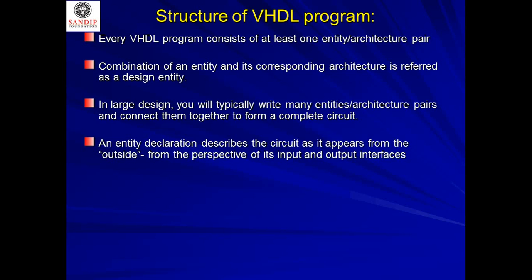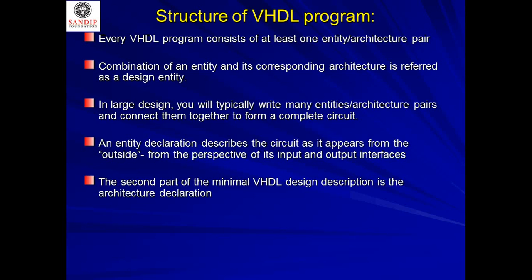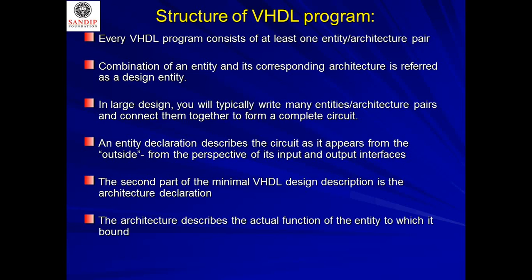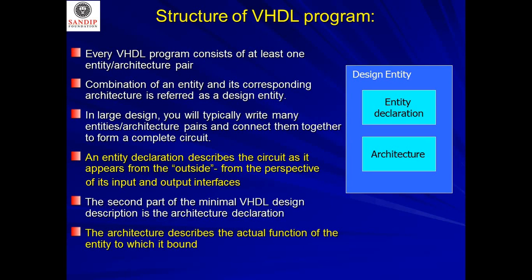An entity declaration describes the circuit as it appears from the outside, from the perspective of input and output interfaces. Second part of the minimum VHDL design is the architecture declaration. Architecture describes the actual function of an entity to which it is bound. Means every design entity has an entity declaration and architecture.